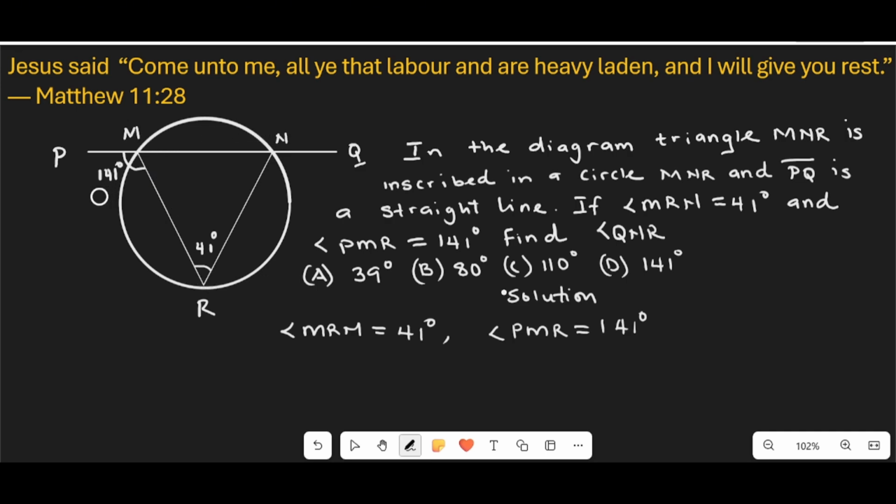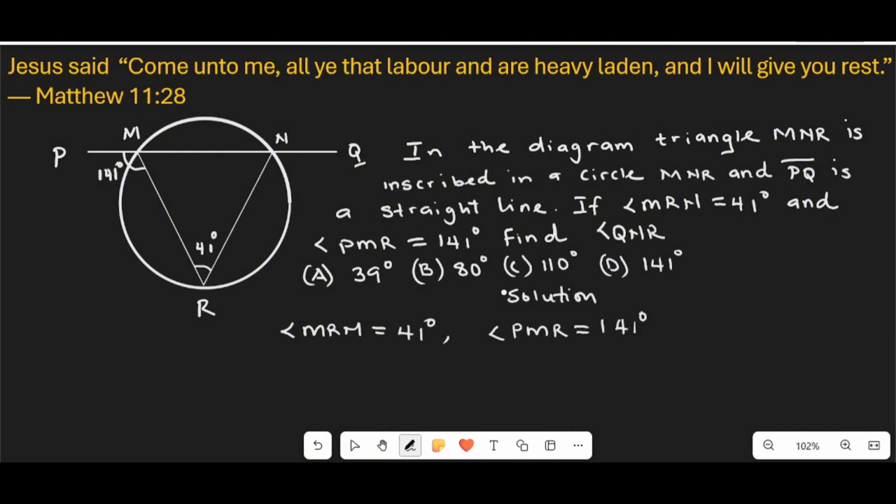Angle PMR plus angle NMR is equal to 180 degree because angle on a straight line is equal to 180 degree.